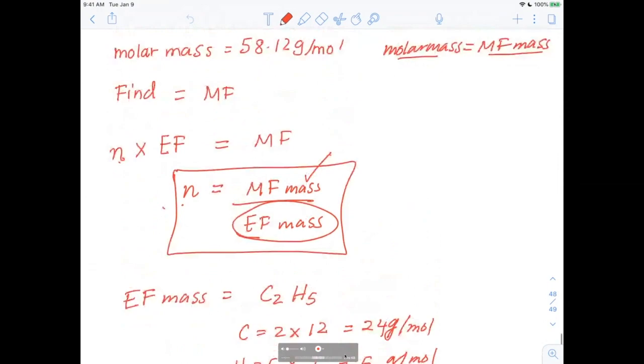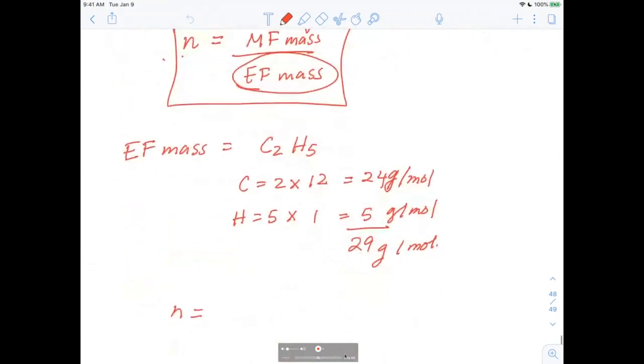Okay, molecular formula mass 58.12 grams per mole divided by 29 grams per mole. What do we get here? The units cancel out. 58.12 divided by 29 gives us exactly 2.